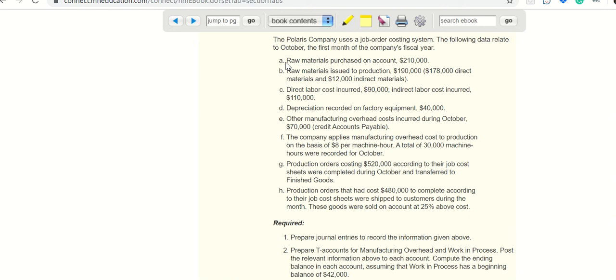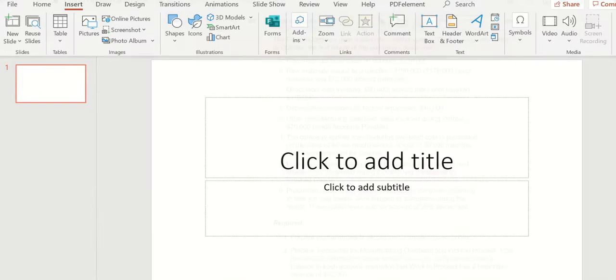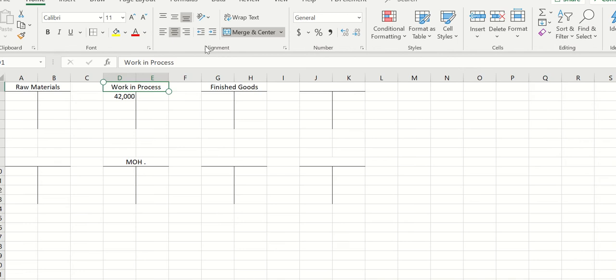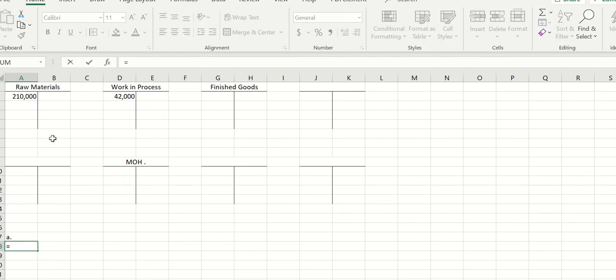A: raw materials purchased on account, so it's not cash, it's going to be on account. So 210,000 will debit our raw materials. We purchased those on account. So journal entry A would be raw materials, and then I'll do accounts payable because it said it was on account.